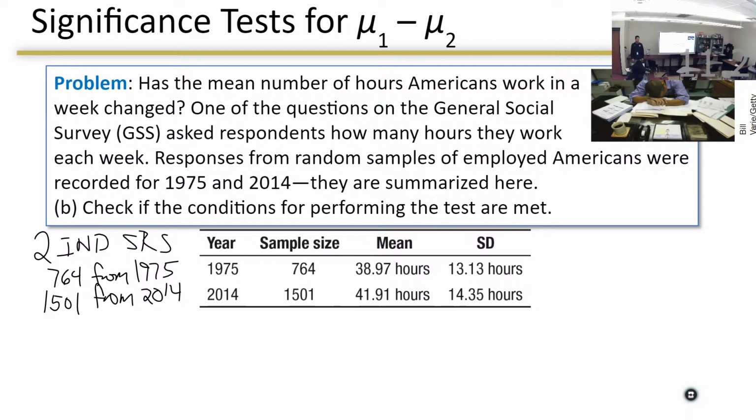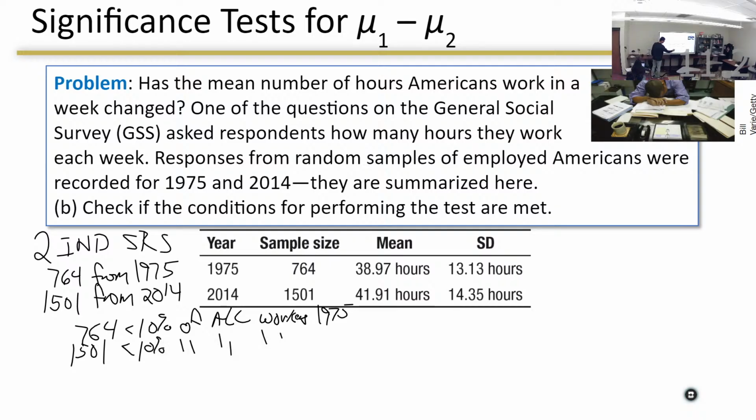There's one of them. 764 is less than 10% of all workers in 1975. 1501 is less than 10% of all workers in 2014.